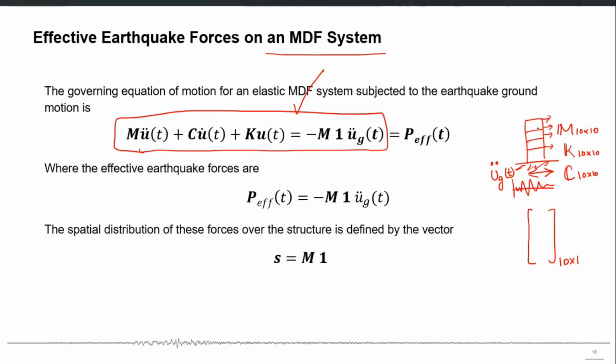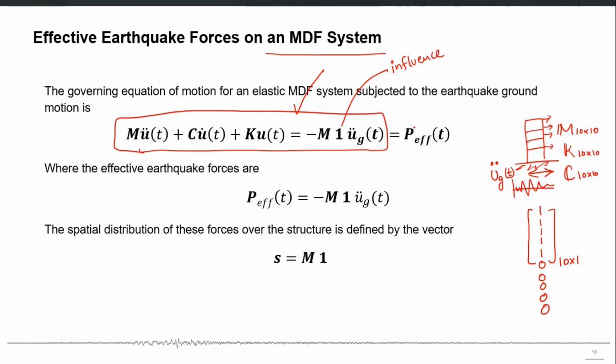So my one vector will be, first 5 degrees of freedom are in the direction of earthquake, so they will be 1 1 1 1 1, and then the next 5 degrees of freedom will not be in the direction of earthquake, so they will be 0 0 0 0 and 0. So this will be my 10 by 1 vector, right? It is called the influence vector, sometimes represented by 1 or I, right?